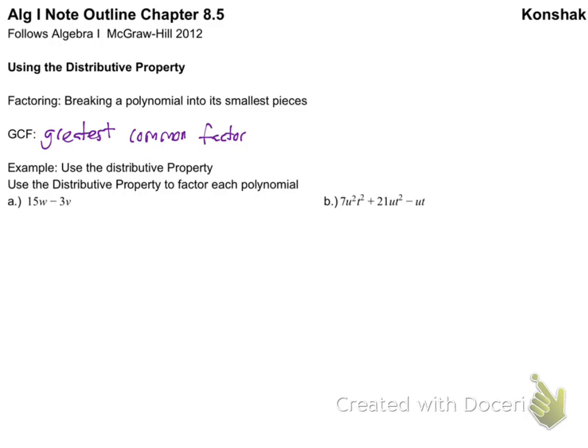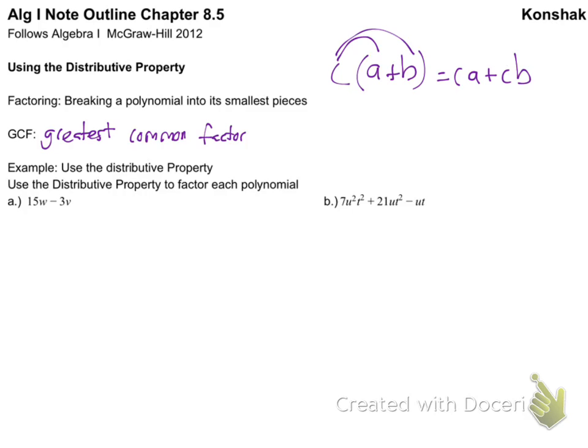So we're going to use that now to solve A and B. We're going to use the distributive property in reverse. Because, guys, I think all of us would know how to multiply that in. I would multiply C to the A and C to the B, right? Which would lead us to CA plus CB.